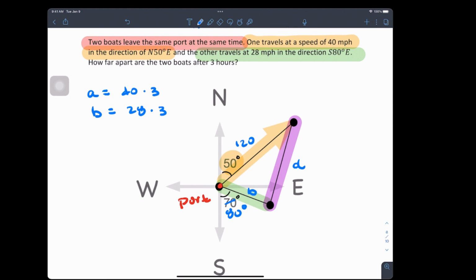That's A. Now, what is B going to be? Is that 84? Good. We don't need our calculator for everything. So that'll be 84 miles. And they want to know how far apart the boats are after 3 hours. That's the D part.